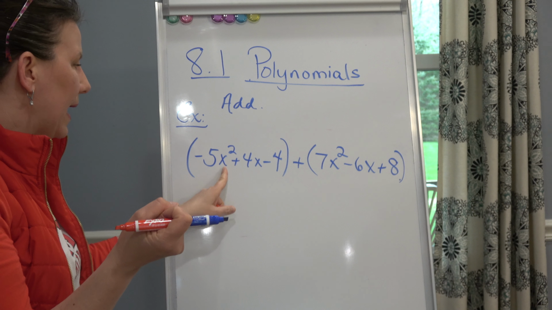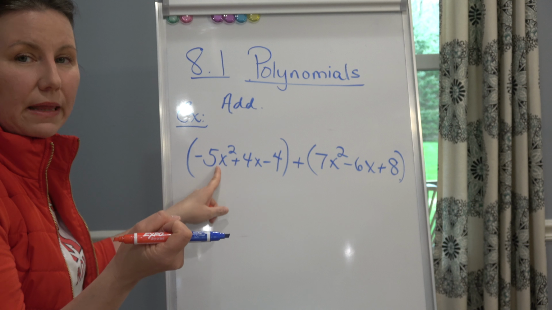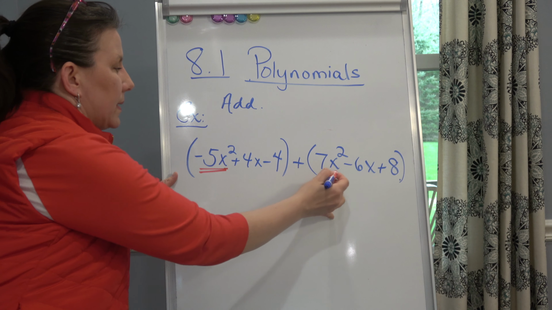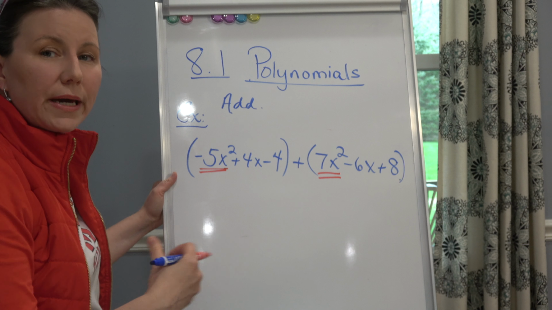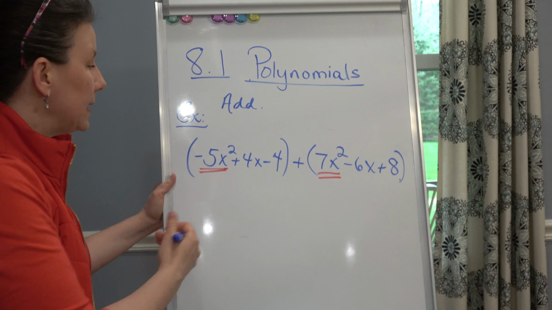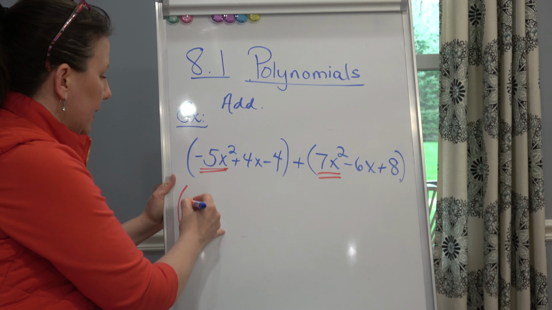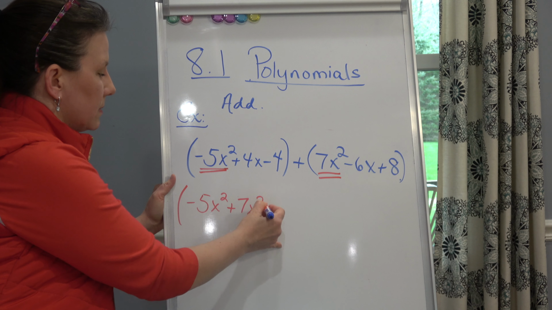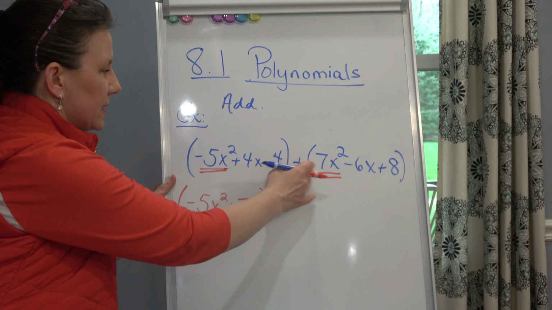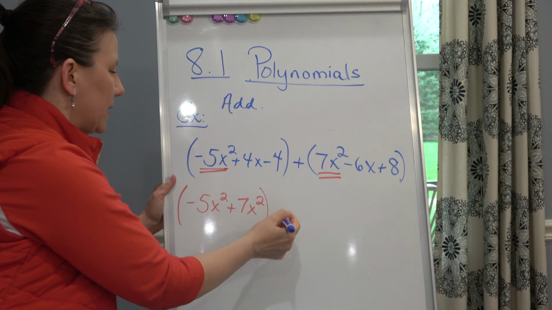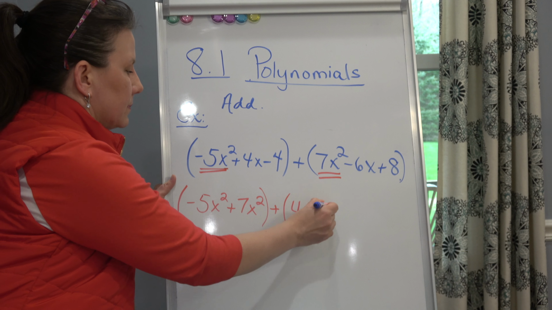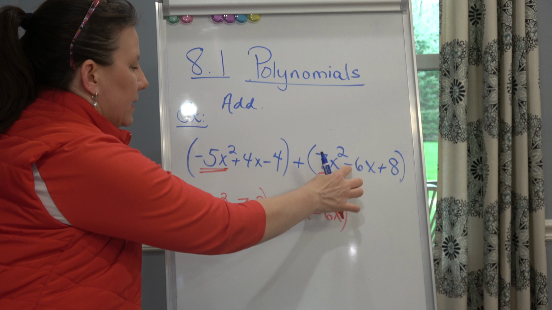So we can't add an x and an x squared together, but we can add an x squared plus an x squared. So you can work with this horizontally, and group together the like terms, move them around, because this is addition. We can just drop away these parentheses. Be careful, the sign goes with it, right?